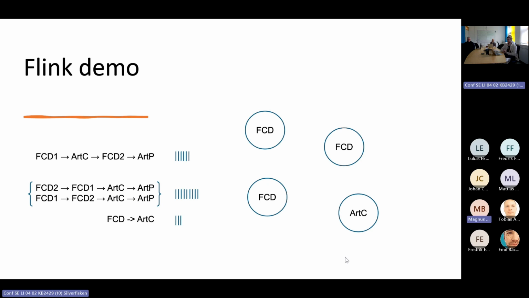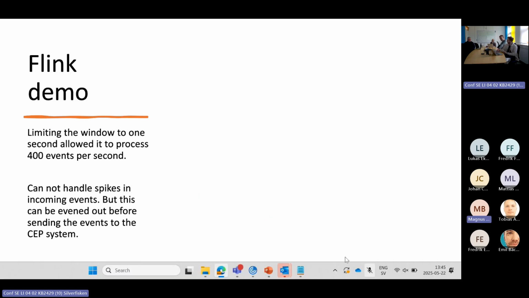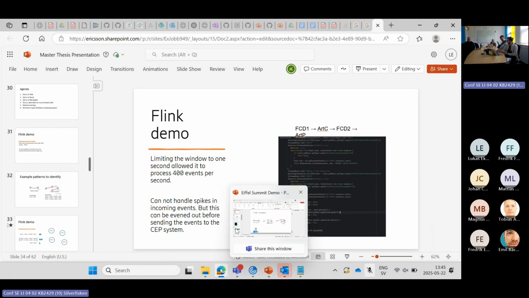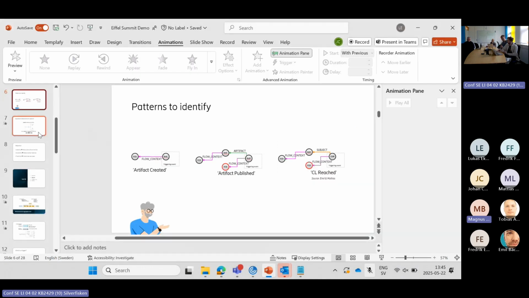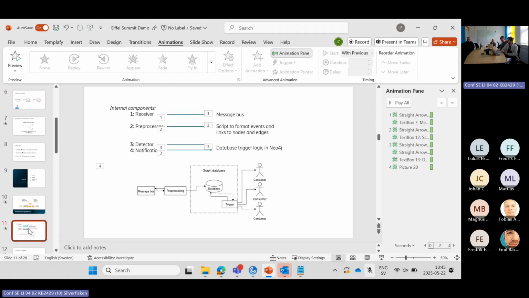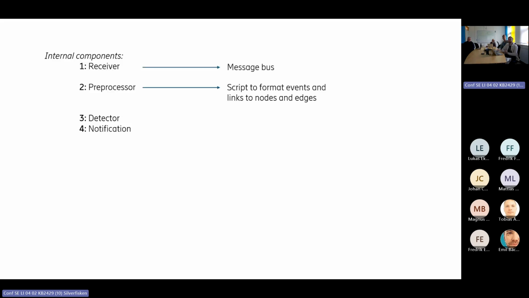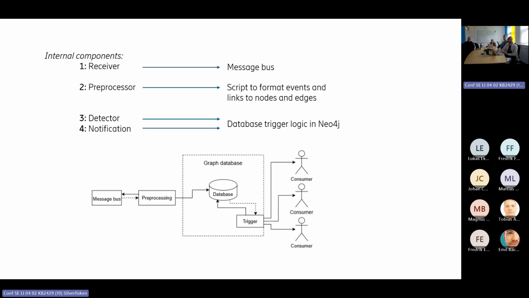So do you have a preprocessor or a filter? What does it do? Is it more like a translation from the JSON representation of the event to a Neo4j API call, more or less? Yeah, basically exactly. So what we do is we process the JSON objects to just be nodes and edges before inserting them into the database.